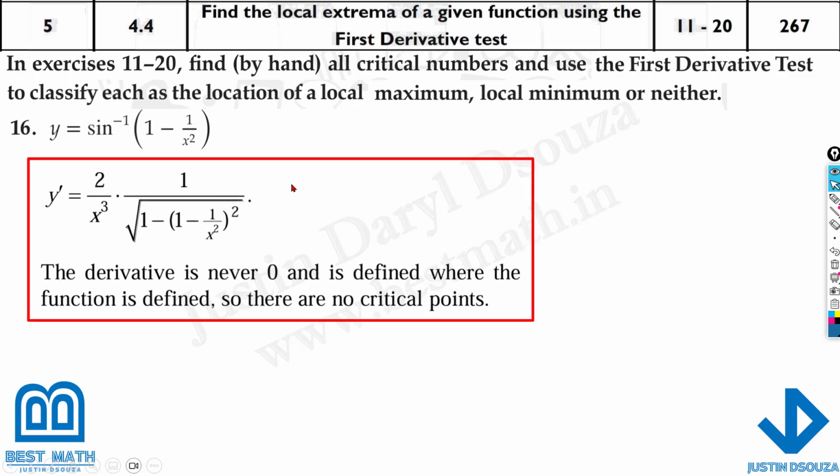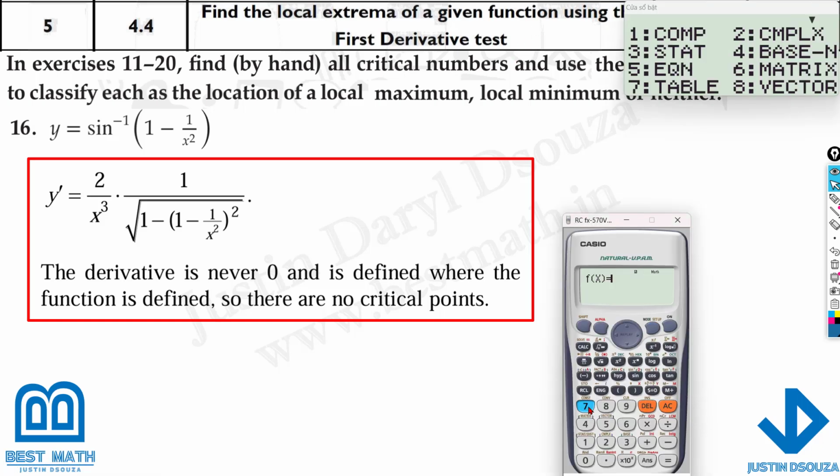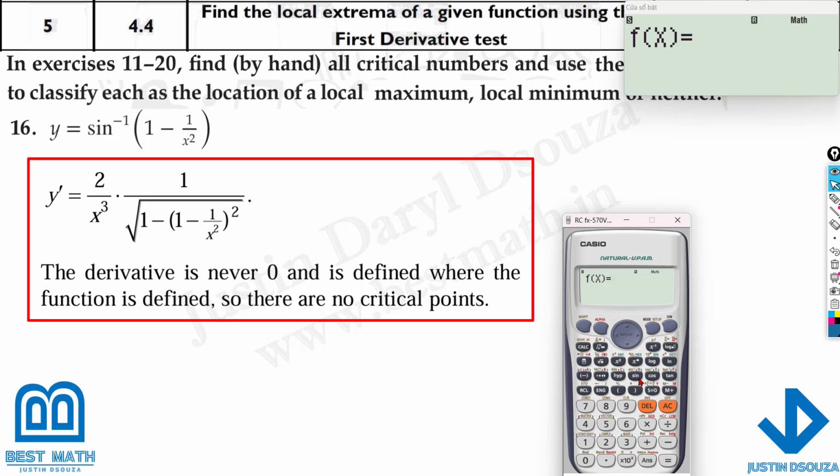Here, now let's try this one in calculator. Mode 7, sine inverse of 1 minus 1 divided by x squared. Close the bracket. And let's say start at -3, end it at 2. I'll take a step of 0.5.